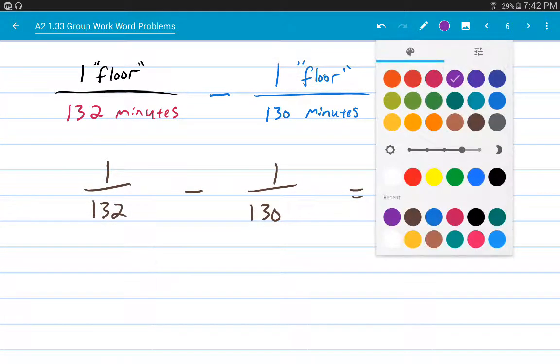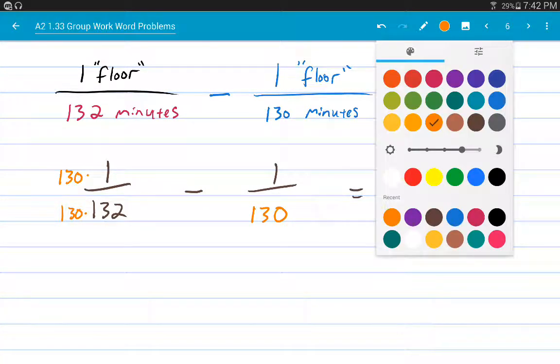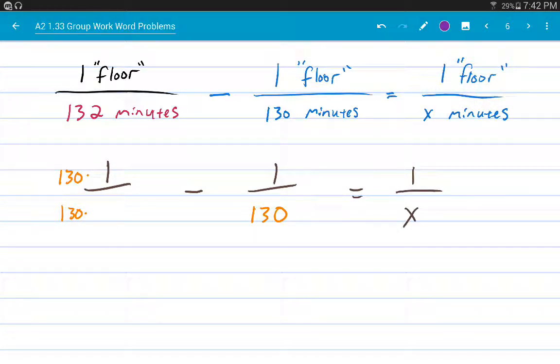So here's what I'm going to do. I'm going to say 130, and let me make that orange instead of scribbling over it. I'm going to multiply that here and here. I'll make the 132 purple, because I'm going to multiply that here and here.